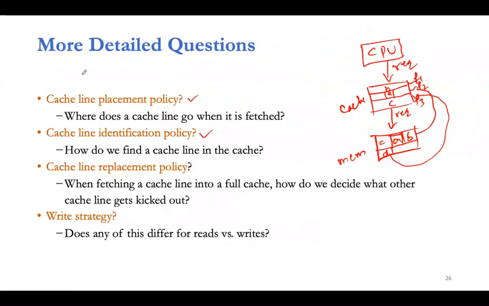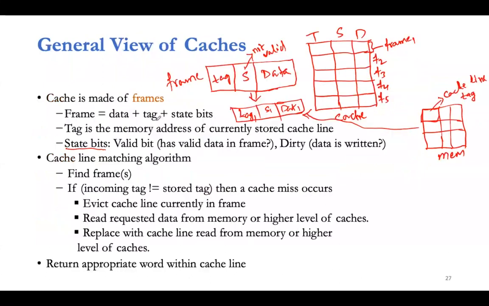This helps to solve the previous three questions: the cache line placement policy, cache line identification policy, and cache line replacement policy. The cache line matching algorithm helps to do the caching. What are the basic steps involved in this algorithm?